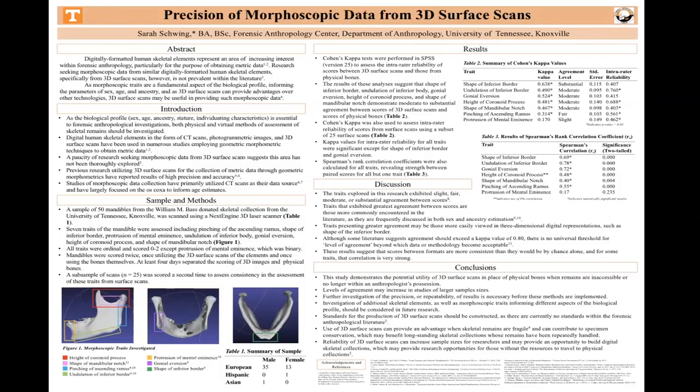This will be the second phase of my master's thesis. So my research here on the mandible is the first half. And from here, I will look at the cranium and see if these different types of morphoscopic traits, Walker's and OSA traits, are useful for helping to construct that biological profile from the cranium.